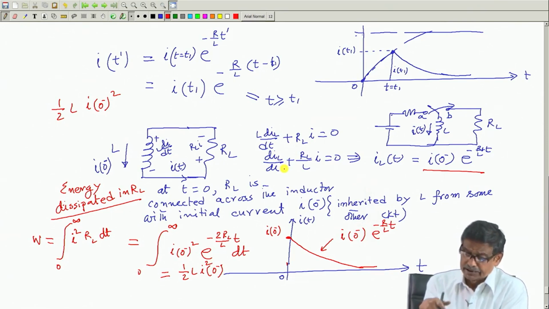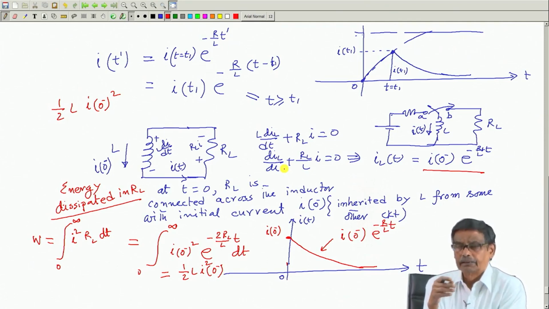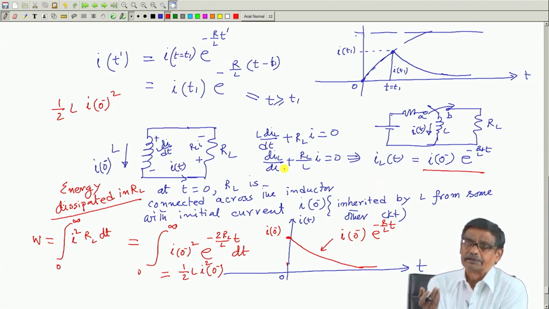Why am I telling you this information? Always behind all this mathematics, if you think physically what is happening, that is much better. Okay, a mathematical description is there, you choose some t equal to 0, but physically thinking is also what I am trying to tell you about.